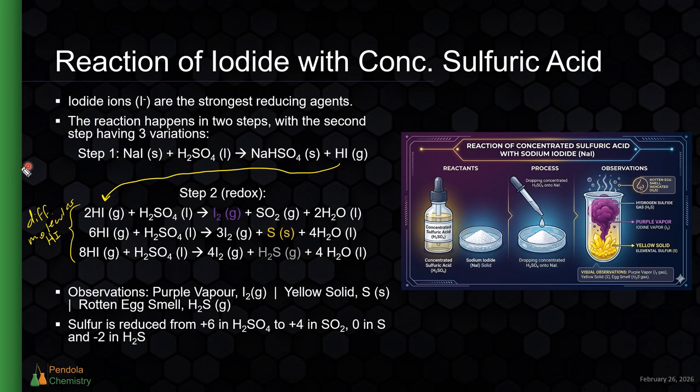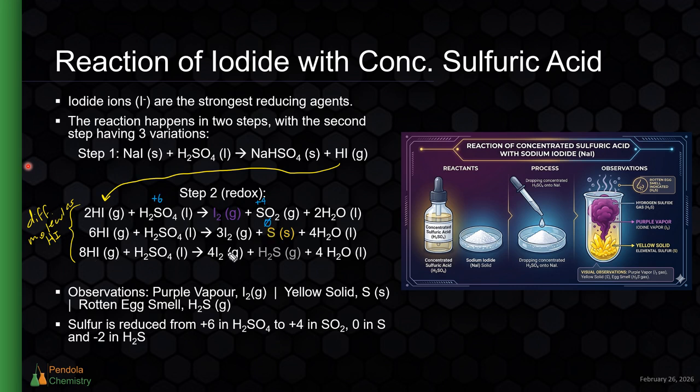So if we look at the oxidation numbers, again, the oxidation number of the sulfur in sulfuric acid is +6. But in SO2, it will get reduced to +4. If the reaction creates S, the oxidation number gets reduced to 0.